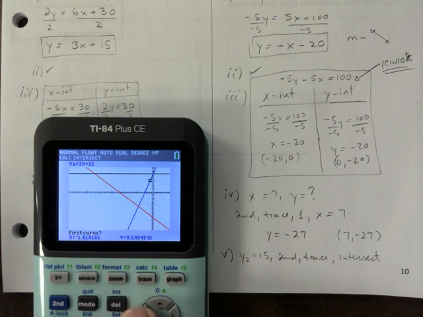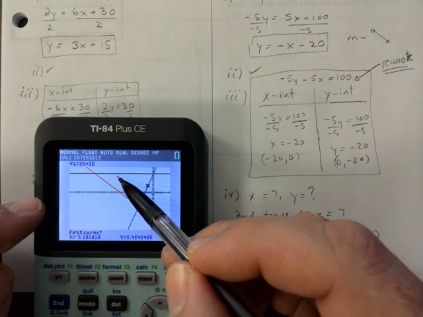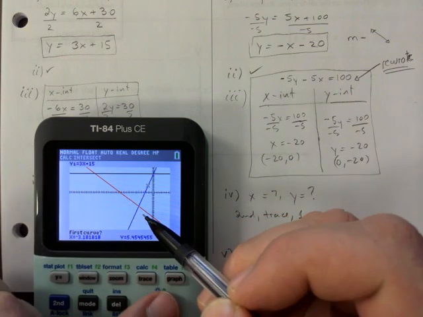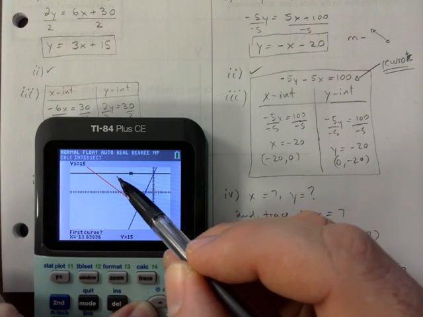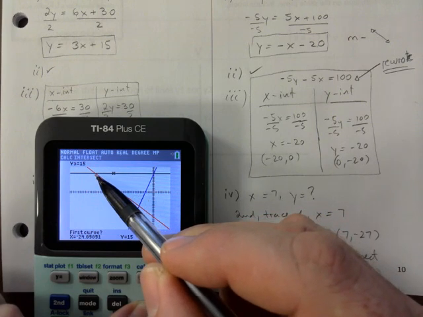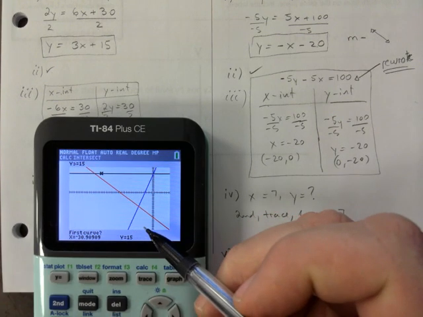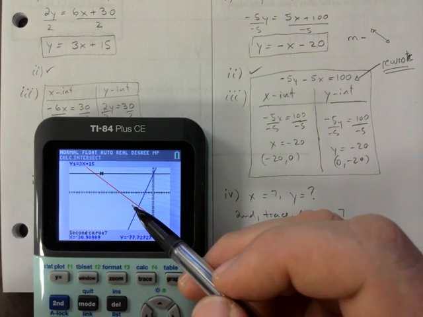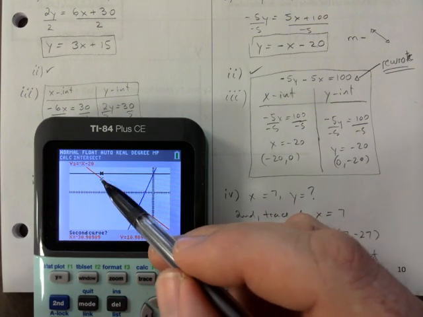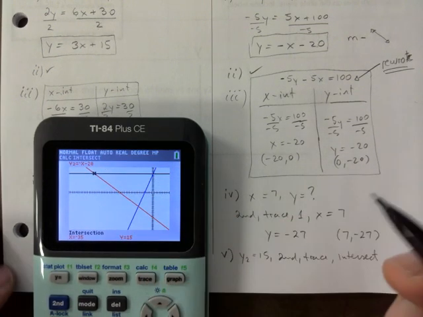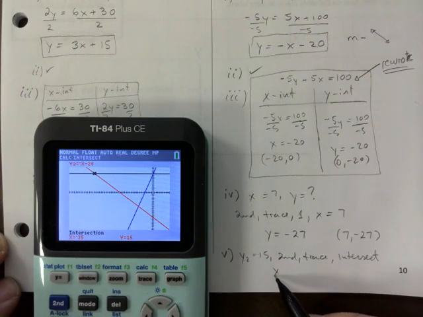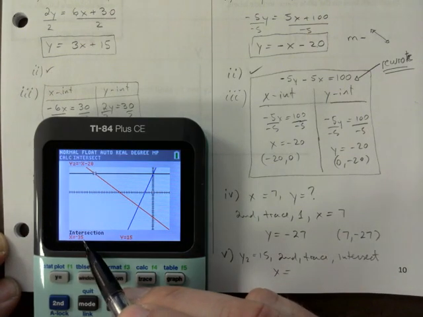And now I don't want to be on the blue line, so I'm going to jump to either this one or that one. It doesn't matter. Okay, there. So now I'm going to travel as close as possible to this one because I'm interested in that one. Hit enter. Then I'm going to jump to the red line and it just happens to jump right there. So this is close enough. Just keep hitting enter until it calculates the intersection. And in this case, x is equal to -35.